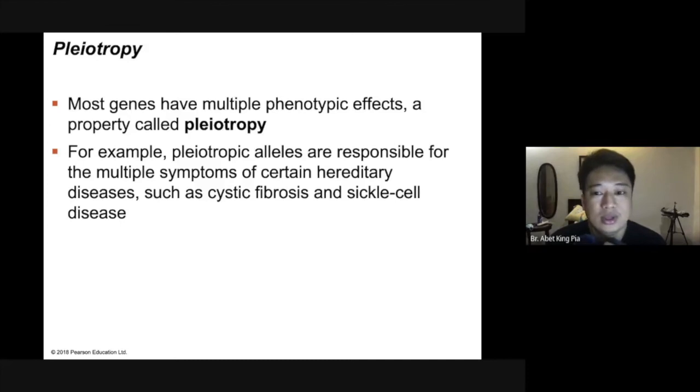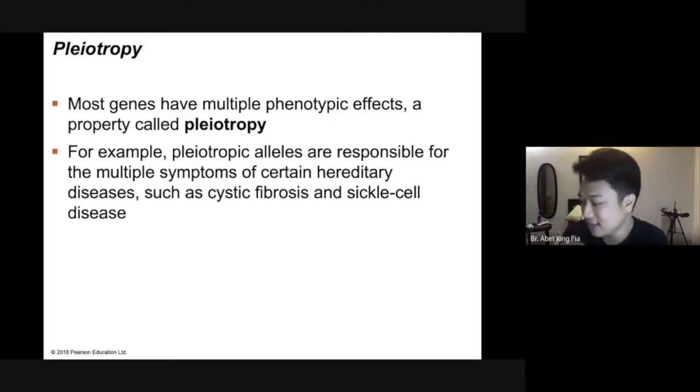So, yun. Sickle cell disease naman, ang number one phenotypic effect niya, yung red blood cells, alam niyo yung pang sa grass, pang carrot.